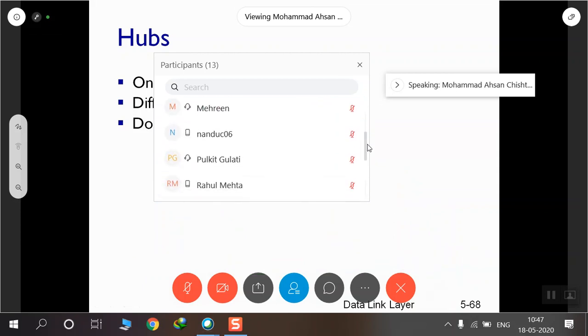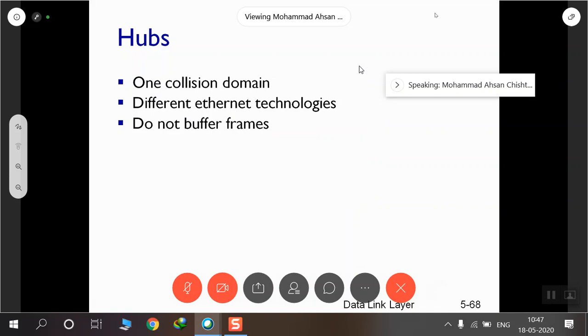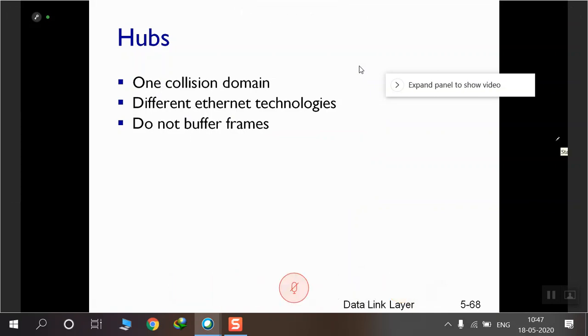It will go to it, it will broadcast it, and it will go. So even if A is sending to B or A is sending to C, it will be broadcasted. So this is what we know as a single collision domain.